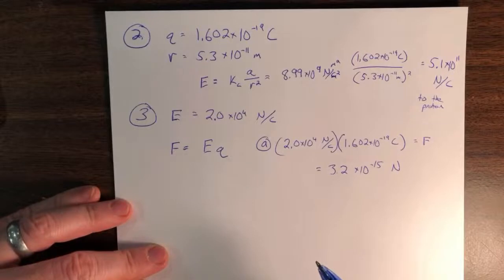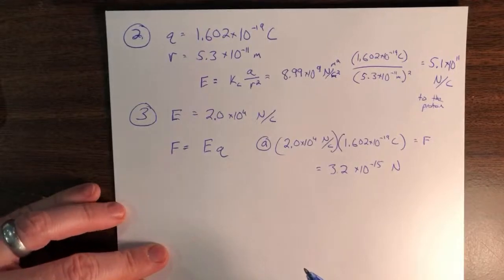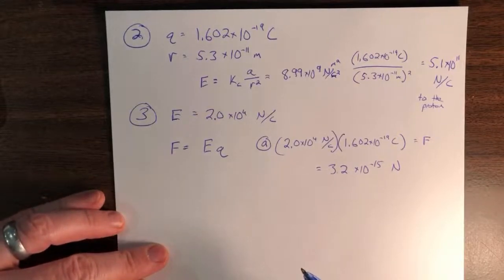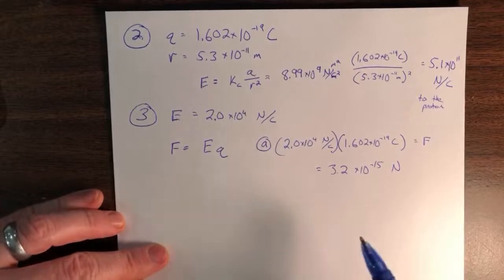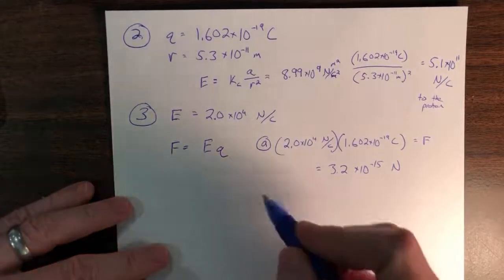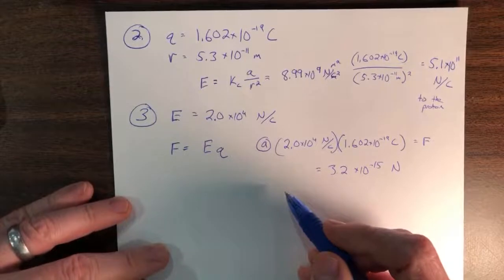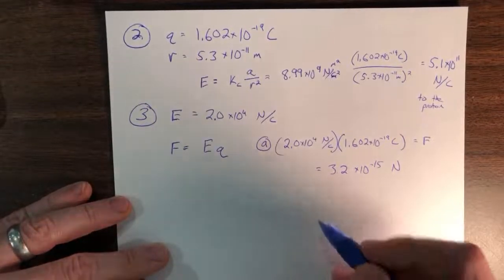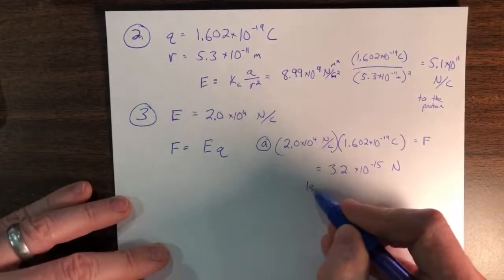And if we think about this as positive along the x-axis, so along the positive direction of the x-axis, for A, what is A? A is the electron, so this is going to be to the left.